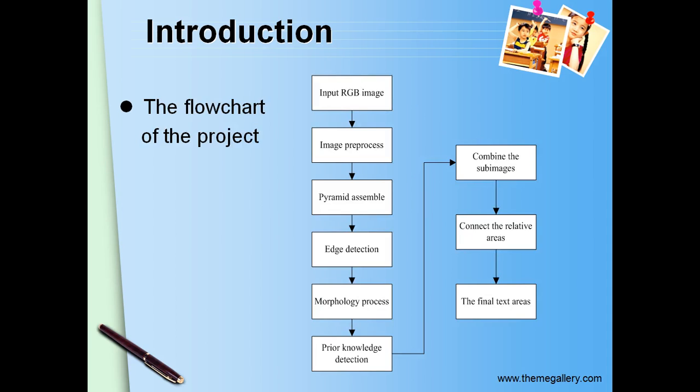This is the flowchart of my project. You can see there are about 9 procedures for how I do the image processing. First, I input an RGB image and do some pre-processing, and then I use the pyramid assemble method.